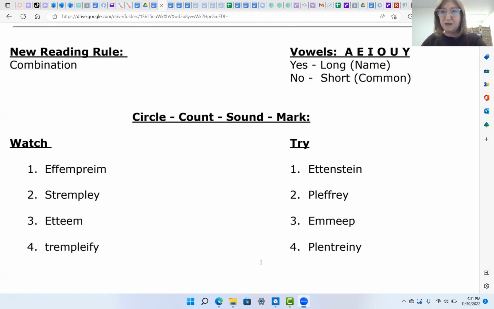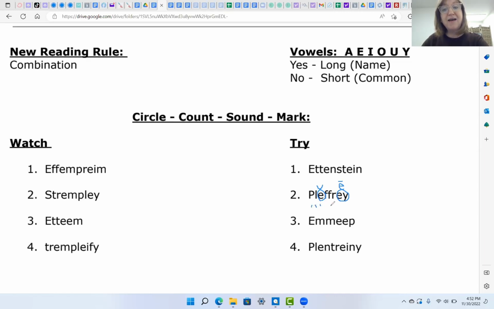Okay, so let's mark yours. So if we pencil read that word, listen to how I pronounce each of these sounds. Some are voiced, some aren't.